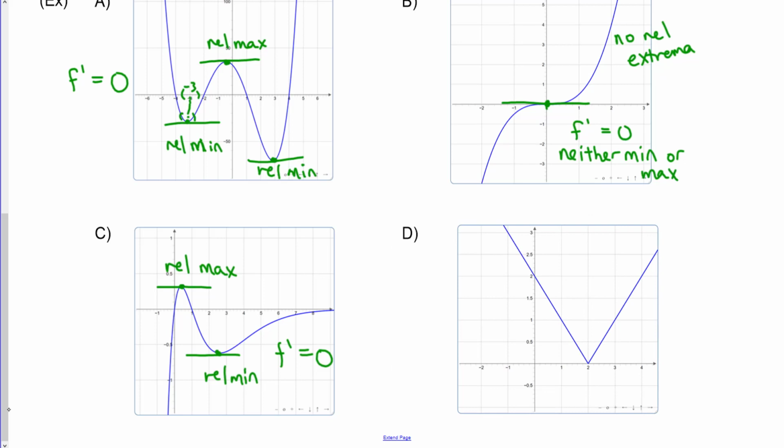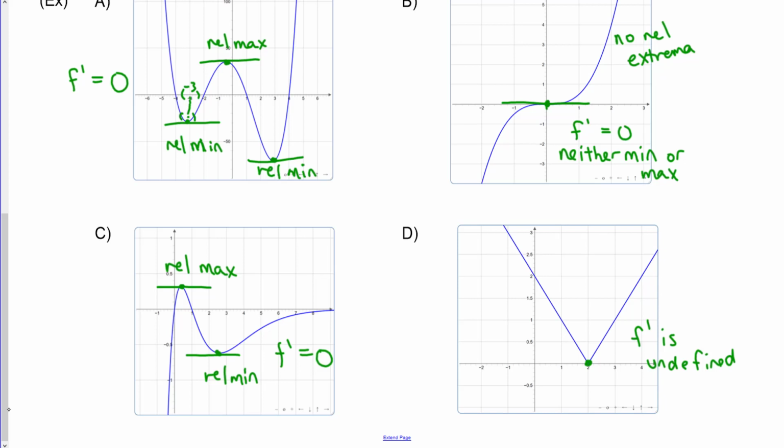But it's also not the only place where relative extrema can occur. The derivative at this particular point is undefined. However, it is the smallest value over a small range of numbers, so it does qualify as a relative minimum. But the derivative is undefined there.